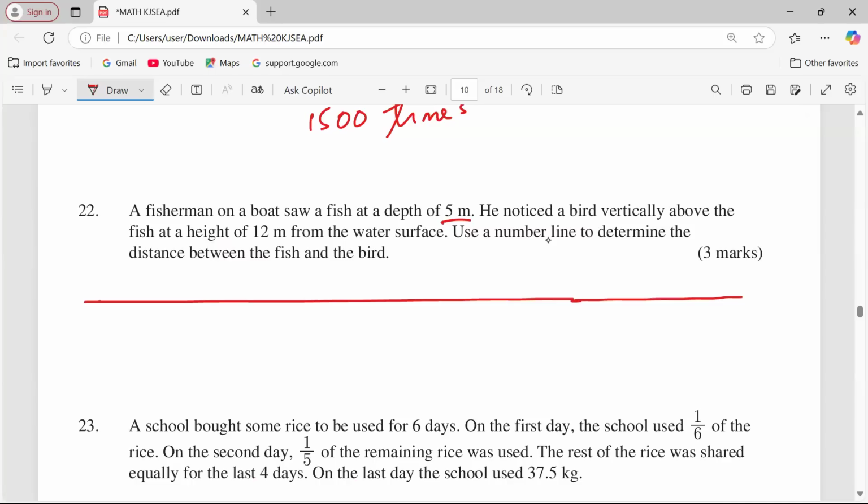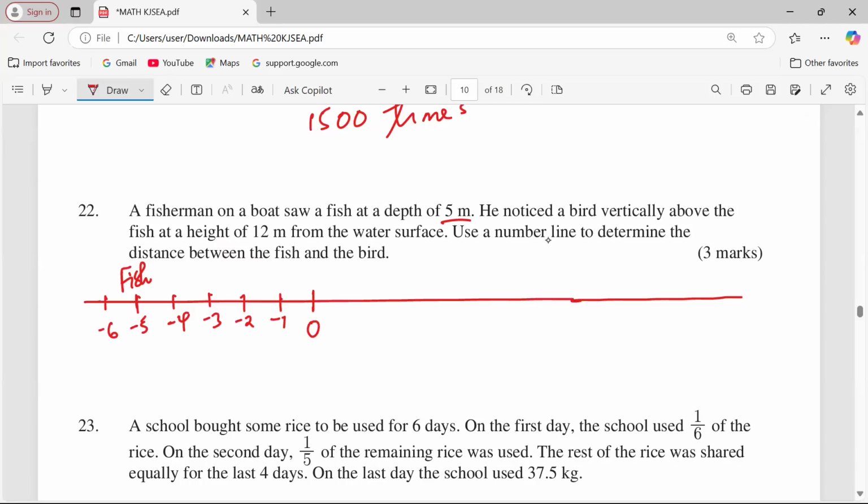I'll take the water surface to be 0. Then inside the water, where the fish is, to be negative. So we have the fish below the water surface, which is -5.